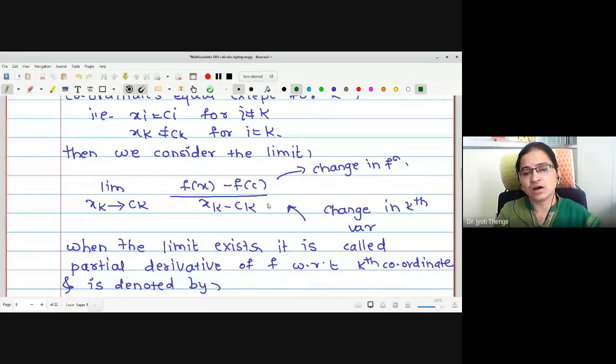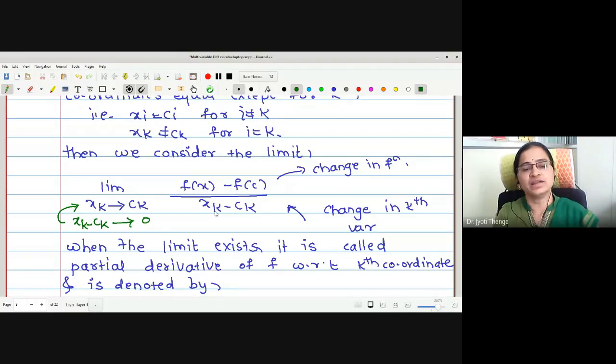That is, with respect to the change in the kth variable, we will observe the change in the corresponding function. We will construct the increment ratio, and the limiting value is obtained as the difference tends to 0, that is, xk minus ck tends to 0, which one can write as xk tends to ck.